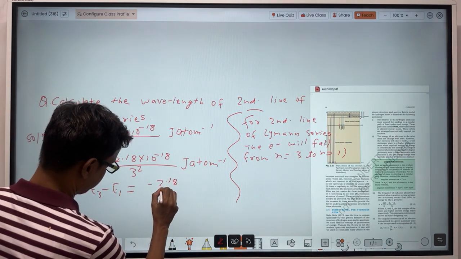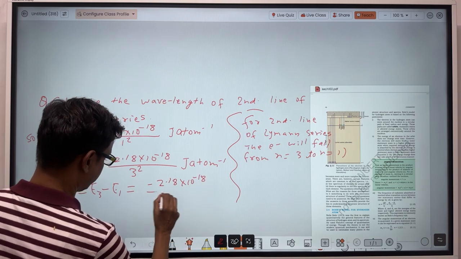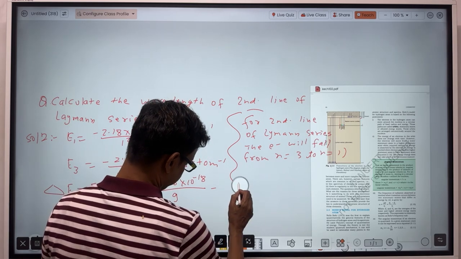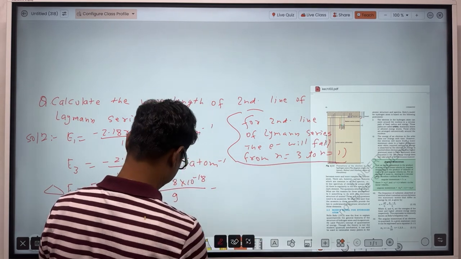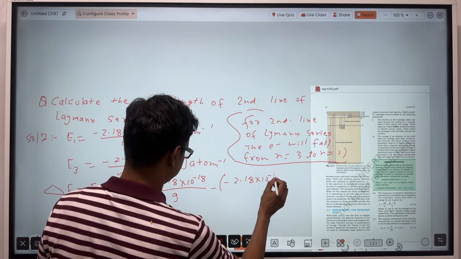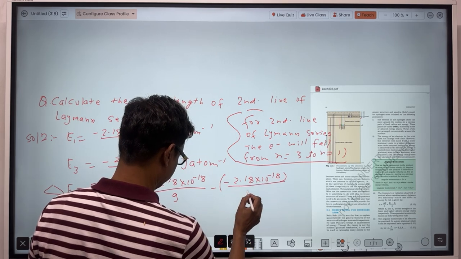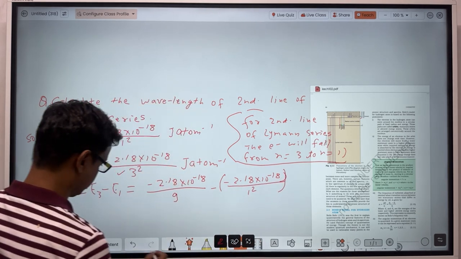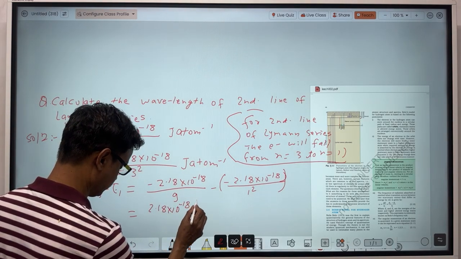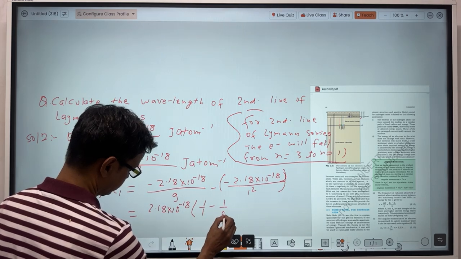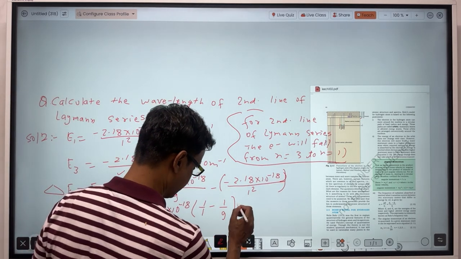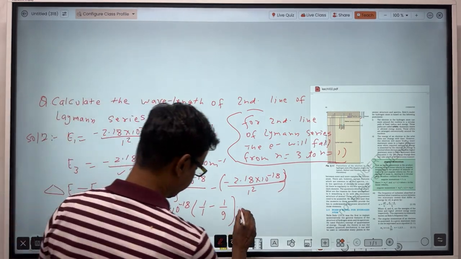That will be equal to 3 square, 9. This is positive, so that means 9 minus 1, 8 upon 9.